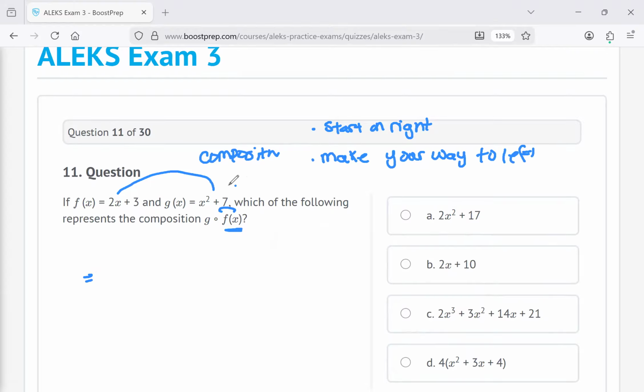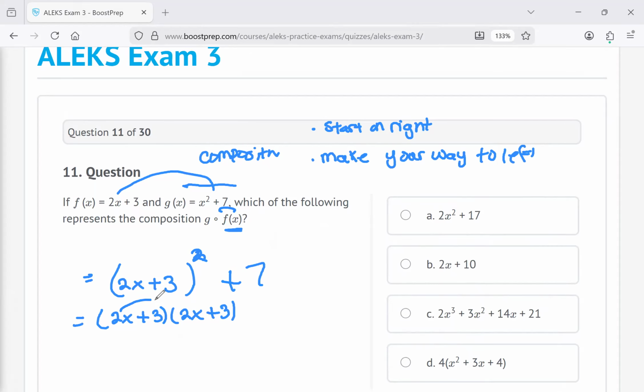So what that means is we're going to use the function g of x, and wherever you see x, we're going to replace that with 2x plus 3. And then you square that, and you still have that plus 7. Then you simplify it. What is 2x plus 3 squared? You could do the long way. 2x plus 3 squared is the same thing as 2x plus 3 times 2x plus 3, and then you would FOIL this out carefully.